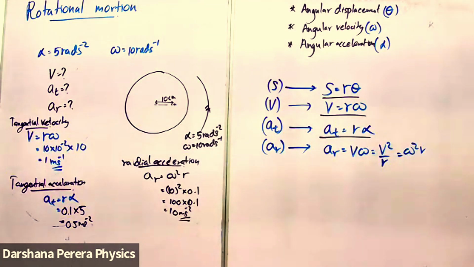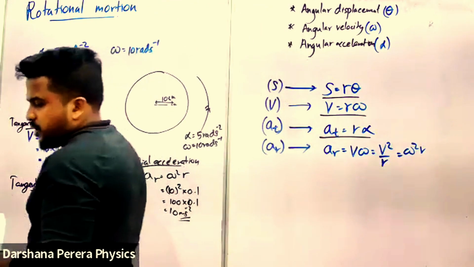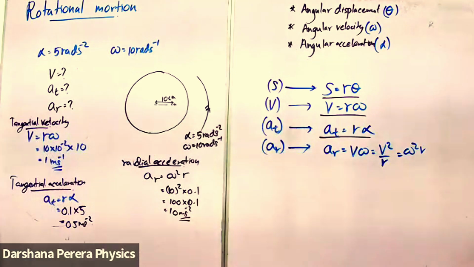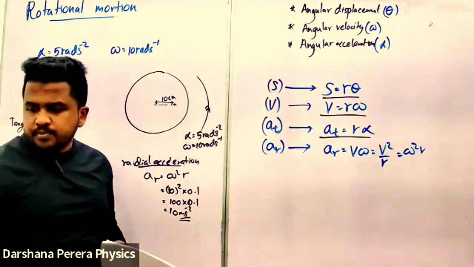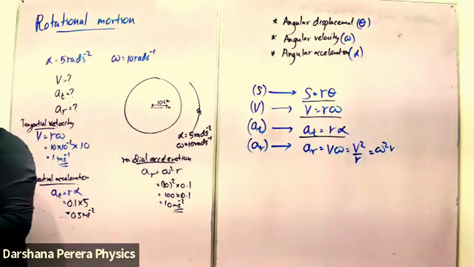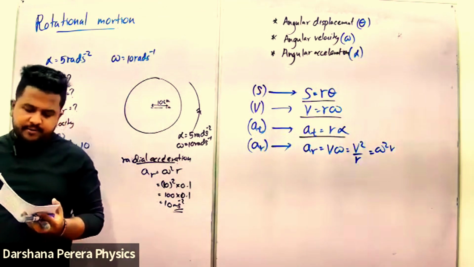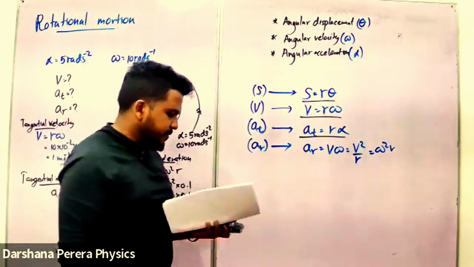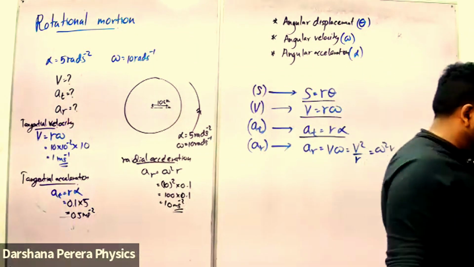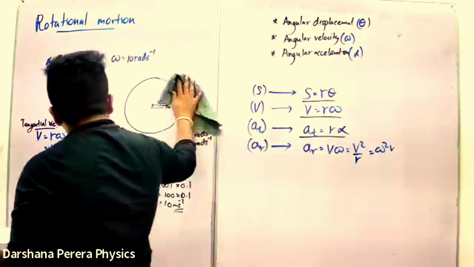Then write down. Consider an object rotating with uniform angular acceleration alpha.